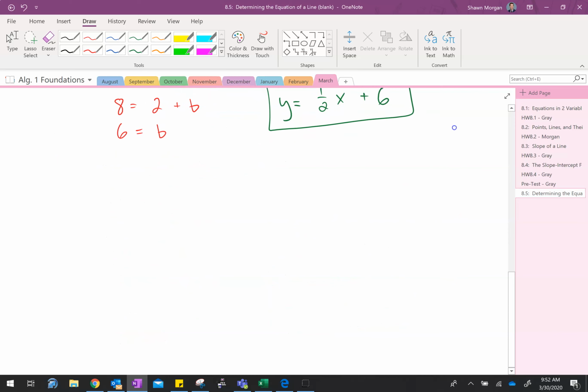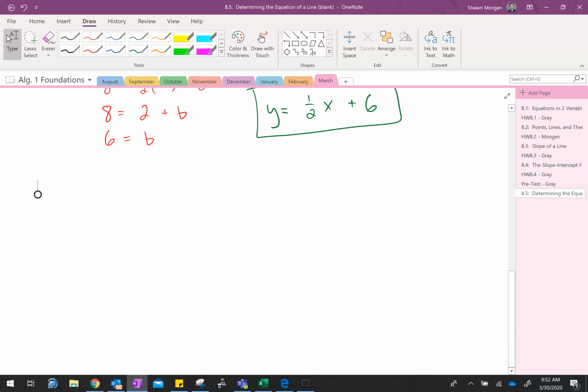Now, I like to give a nice summary of what we just did to wrap this screencast up. Our first step when given 2 points was to find the slope. Our second step was to plug the slope into slope-intercept form for the m value.